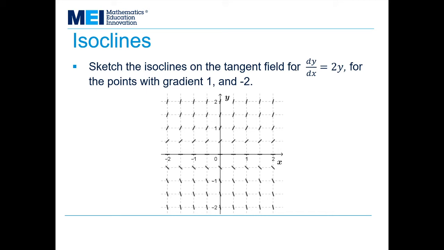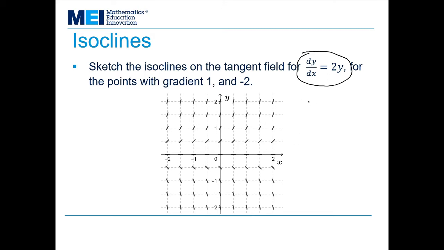Sketch the isoclines on the tangent field for dy by dx equals 2y for the points with gradient 1 and gradient negative 2. This is the example that we were looking at in previous videos, and here's the tangent field for it.